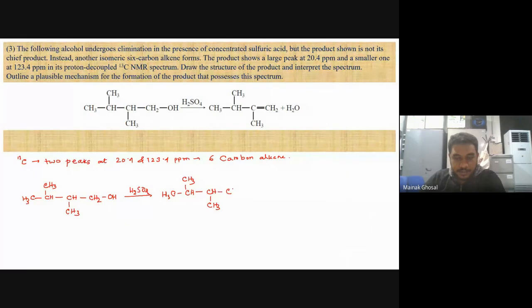Now what will happen with this proton? If you have some alcohol, there is a high chance that it will get protonated like this. I'm going to the mechanism. It will go like this. Now there is a high chance that it will get eliminated, minus water, right?